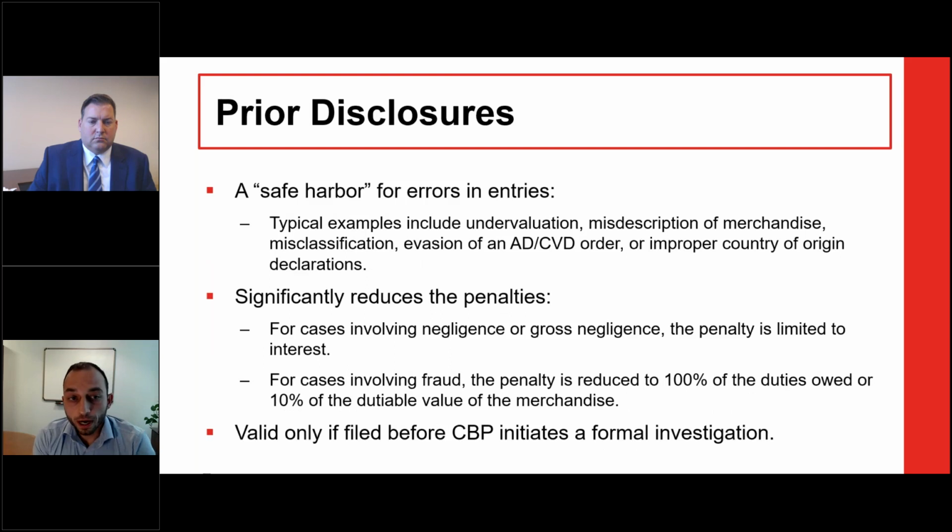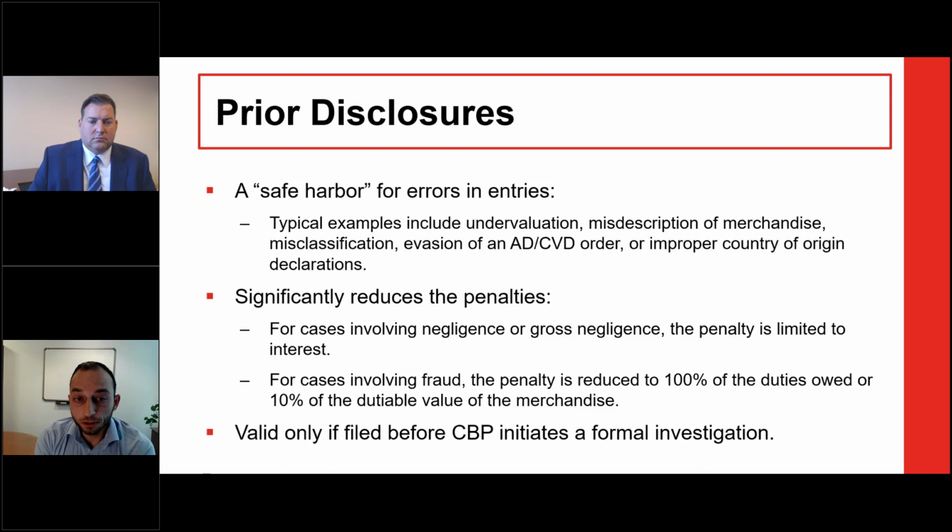Thank you. So prior disclosures are essentially safe harbors for any errors that you may have made in the entries. Typical examples are undervaluation or misclassification of the merchandise, or making an improper country-of-origin declaration.